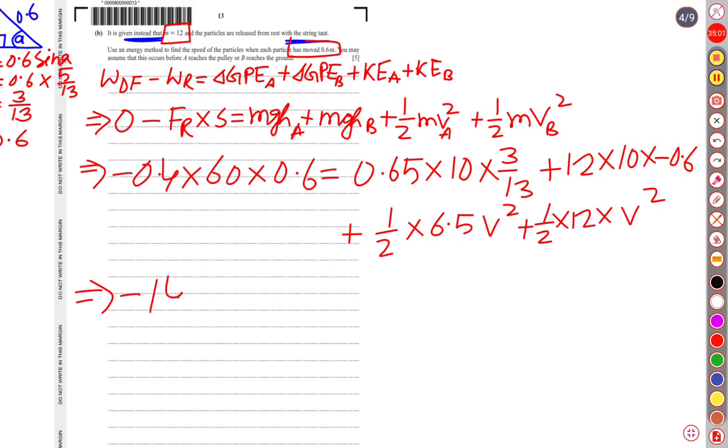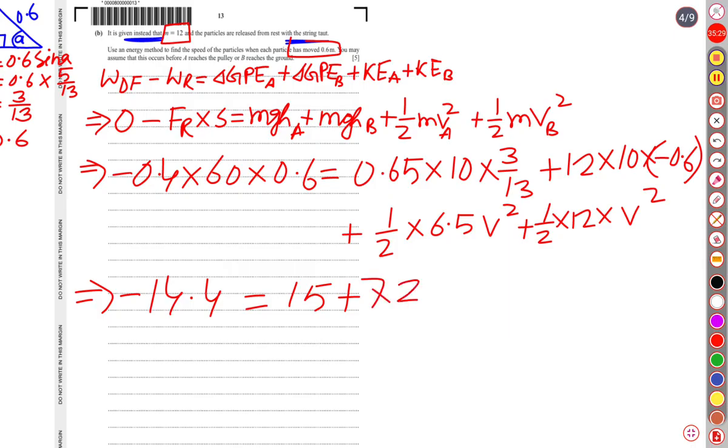It is negative 14.4 is equal to 65. If 65 is divided by 3, that is 5, so 5 3s are 15. It is going to be 15 plus, for the second case, 120 multiplied by 0.6, which is 72.